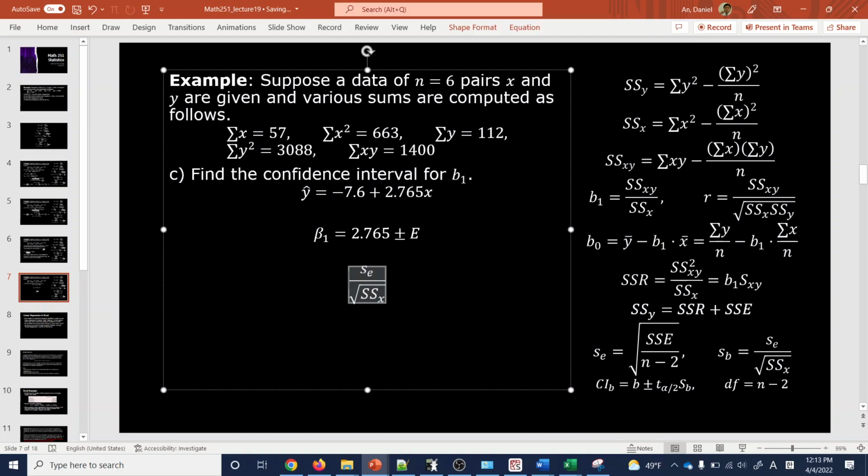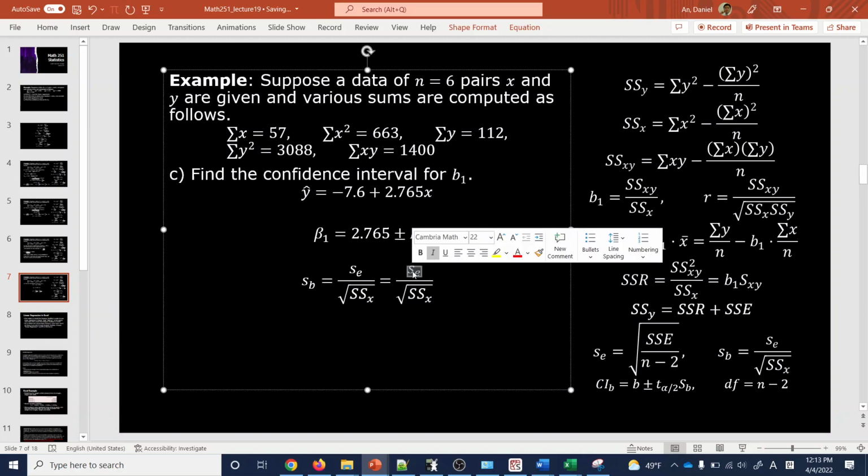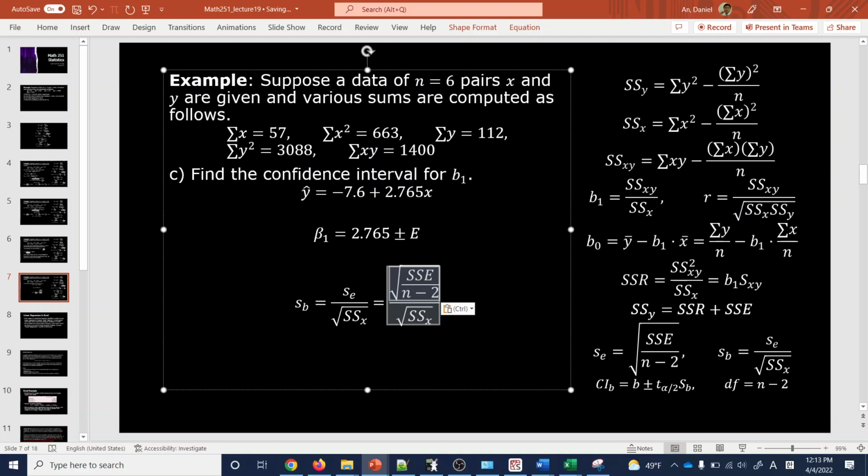We know that we're going for SB, which is this, and the top part is the same as this one. Okay, so let's put these in there. But we still have to find SSE.